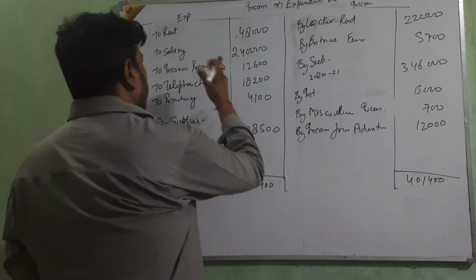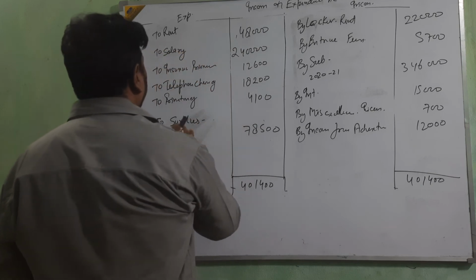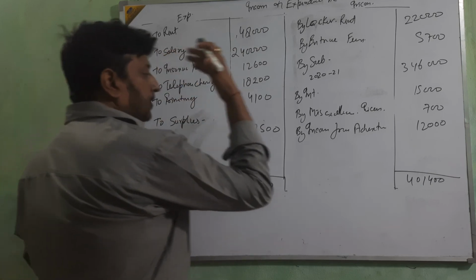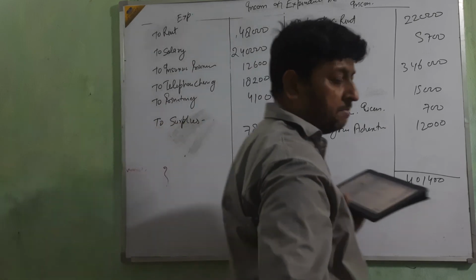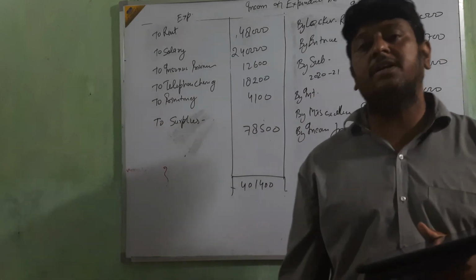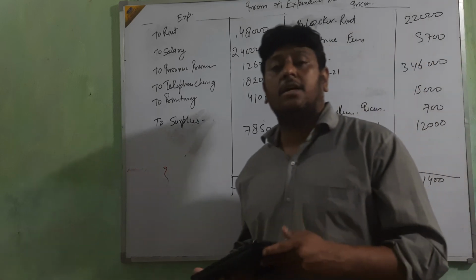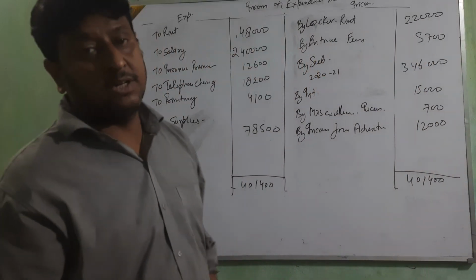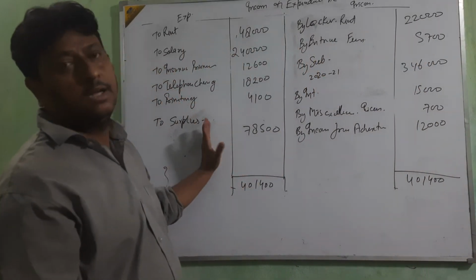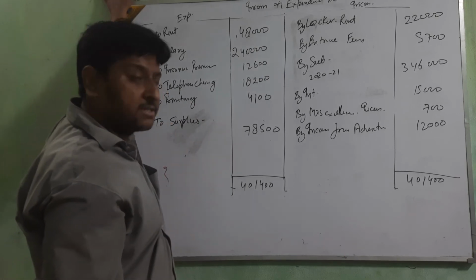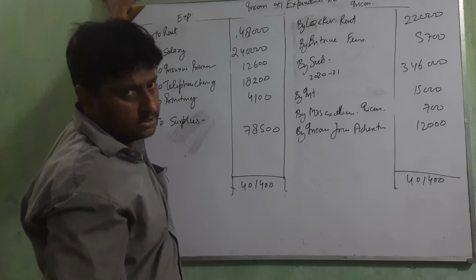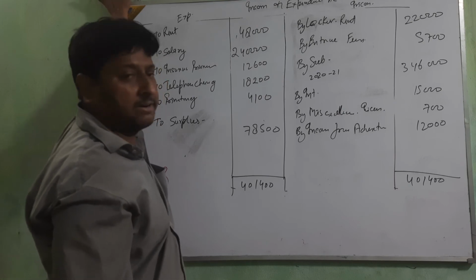If the difference is coming on the expense side, that will be a surplus. If the difference is coming on the income side, that will be a deficiency. But in this question, on which side is the difference coming? The difference is coming on the expense side. So then we are going to put surplus. The surplus amount is here only.